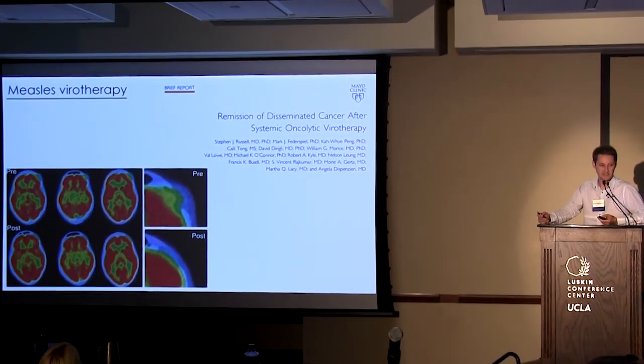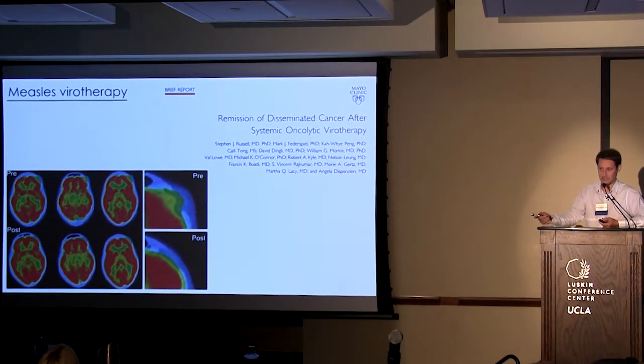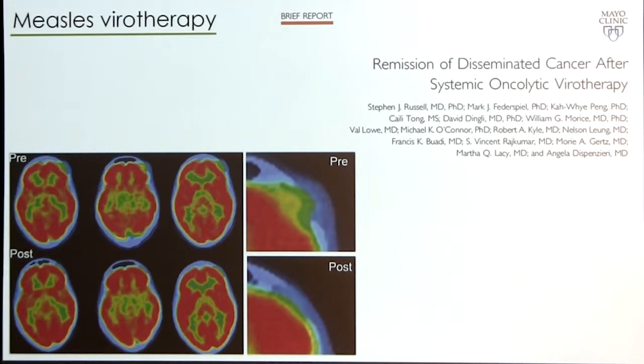These patients were injected with measles virus in the bloodstream, and they were analyzing lesions on the skull of multiple myeloma. After treatment, the lesion disappeared, and they showed that there was viral replication in this lesion.